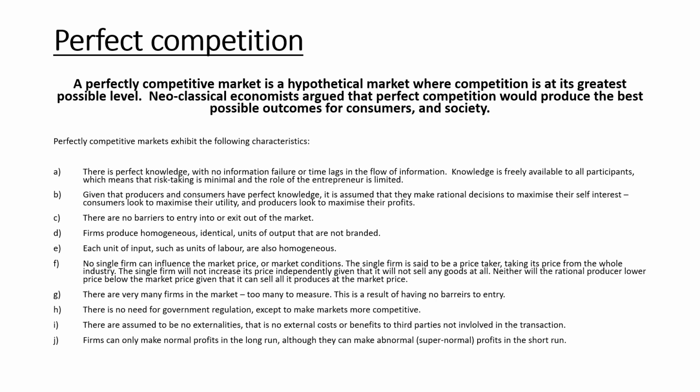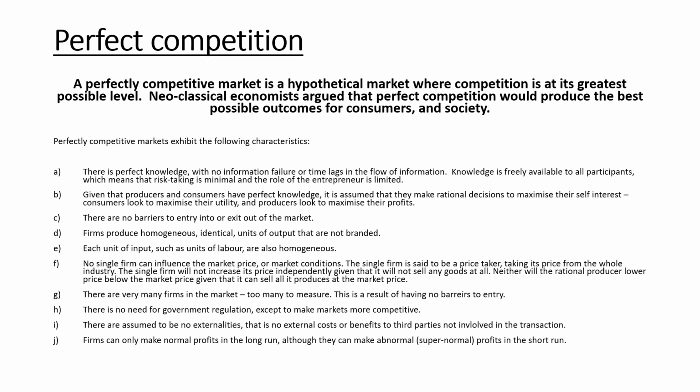So perfectly competitive markets exhibit the following characteristics. Number one, there is perfect knowledge with no information failure or lags in the flow of information. Knowledge about everything about the product is available to all participants in the market, which means risk taking is minimal because you know what you're getting into, and the role of the entrepreneur is kind of limited.